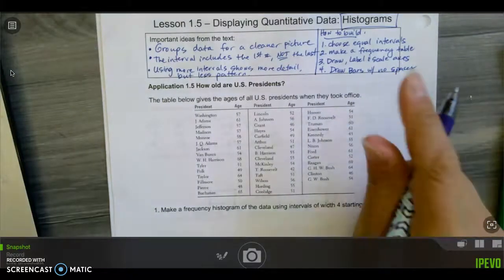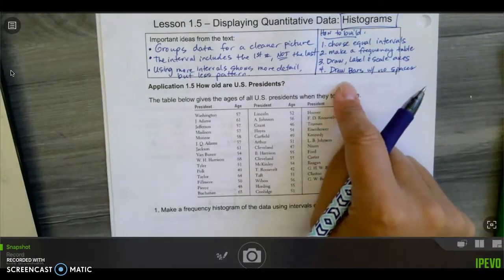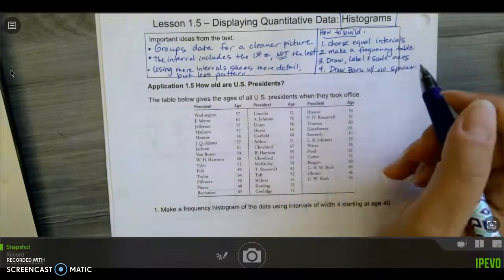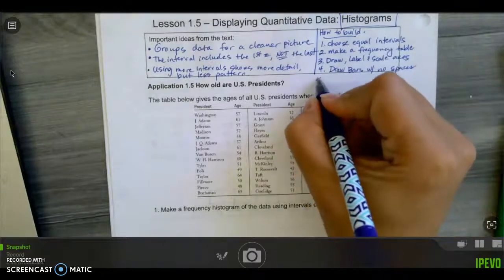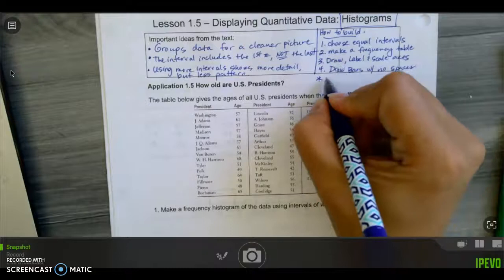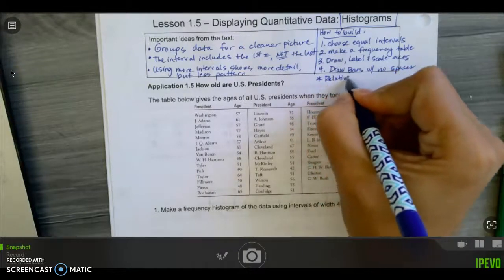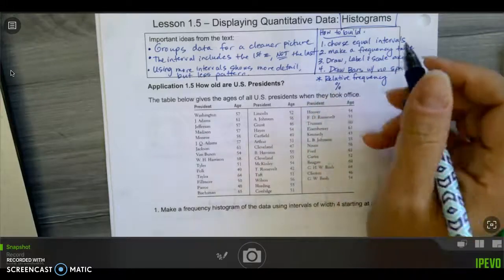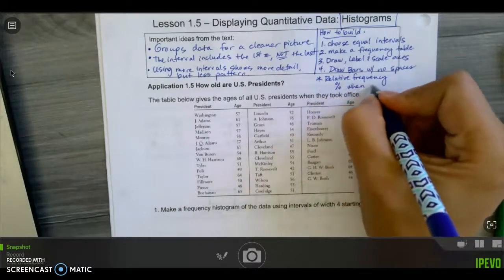Okay. And if we had a bar graph, which is for categorical data, there's spaces between those. Okay, but for histograms, there's no spaces. And then you can also use a relative frequency histogram, which gives us the percent when we're comparing groups.